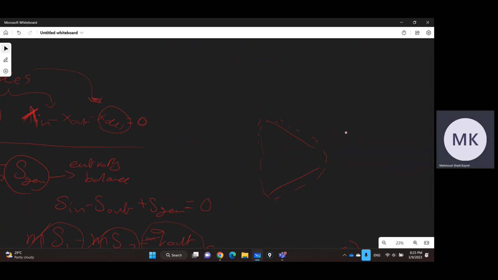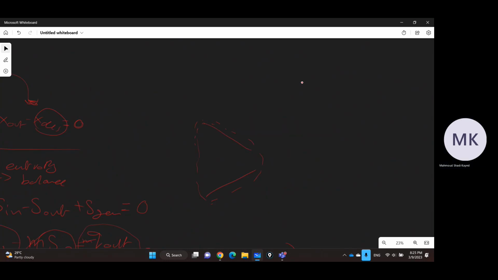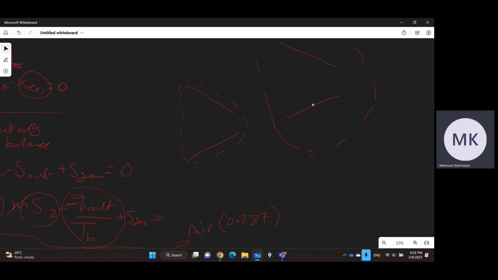If we expanded our boundary to include the immediate surrounding, then we'll have a Q out from the diffuser.